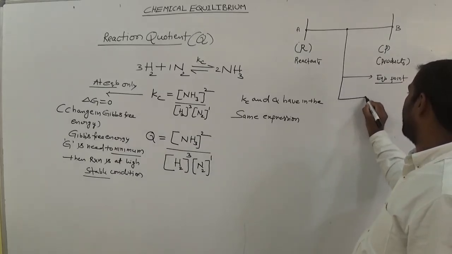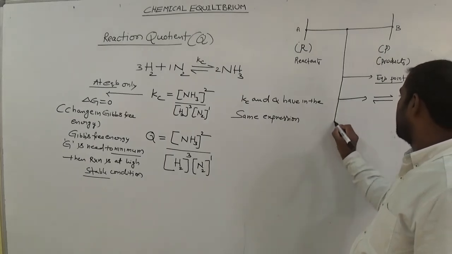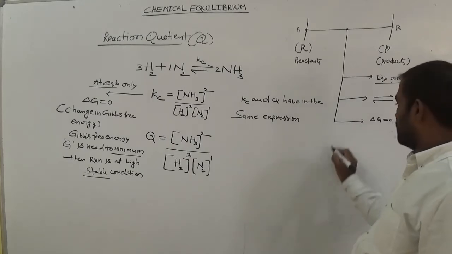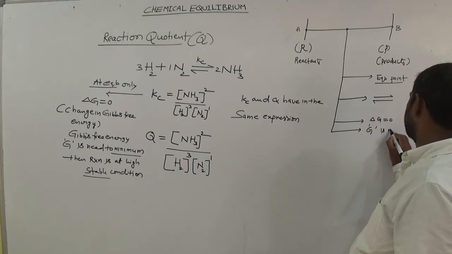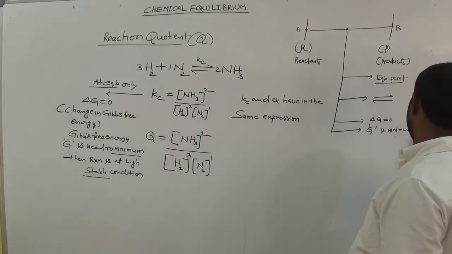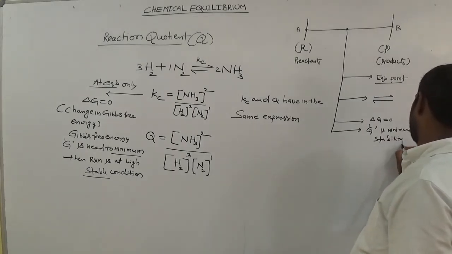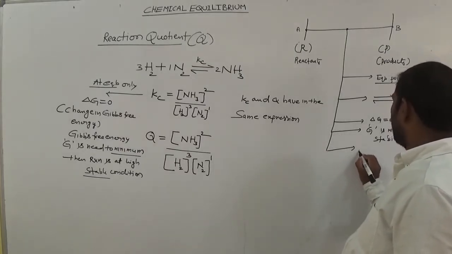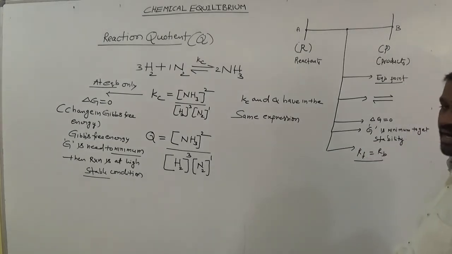The first condition is that it is reversible, and delta G is equal to 0, where G is minimum to get the stability, and the most important thing is that the rate of forward reaction equals the rate of backward reaction, am I right?